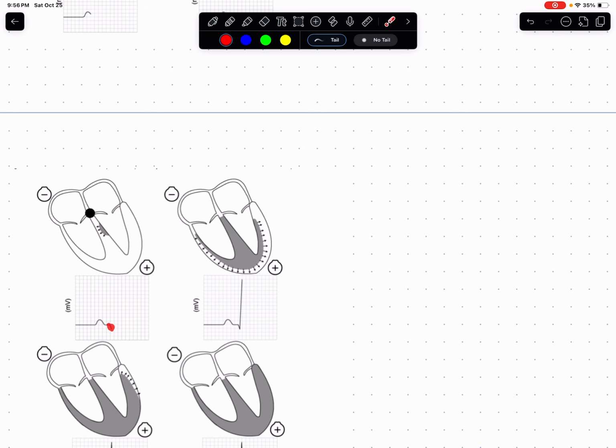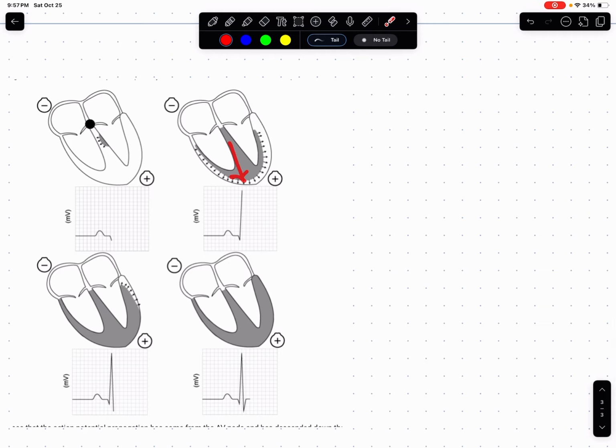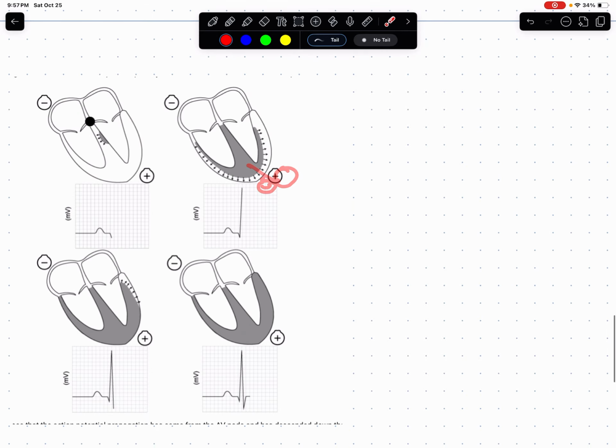And so that's going to cause a slight dip because now you have negative charges coming back at the negative. Then all of a sudden it's going to go down all the Purkinje fibers, which has a net vector this way of negative, right at almost your positive charge. That's going to cause a huge spike.